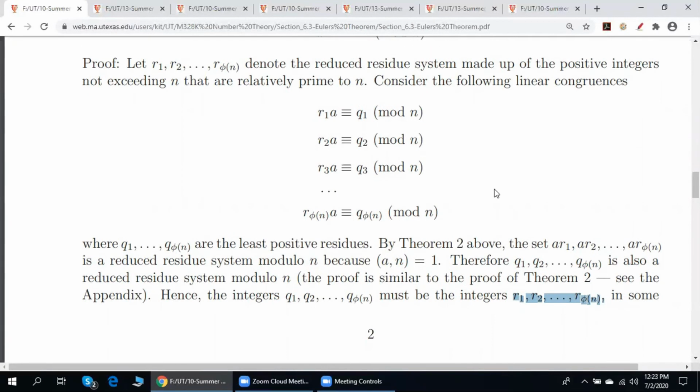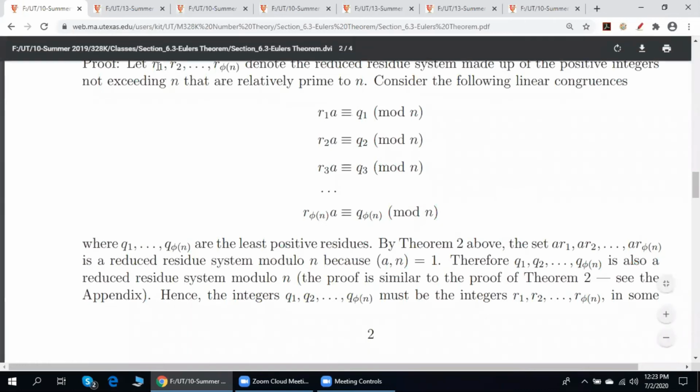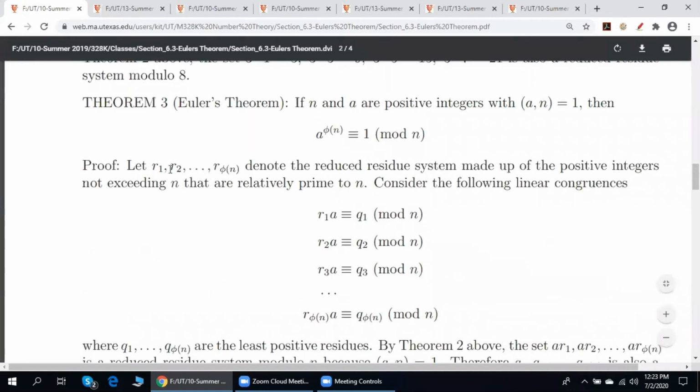However, remember, we don't say the reduced residue system. We say a reduced residue system. When we consider some modulus, there are infinitely many reduced residue systems. However, please take a close look at both these and these reduced residue systems.